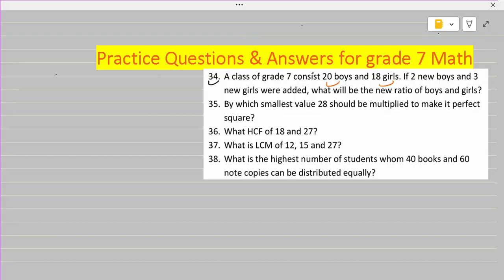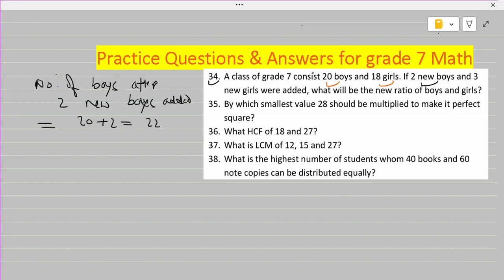And here it says 2 new boys are added. So the number of boys after the change, after 2 new boys are added: how much are we going to get? Originally there were 20 boys, 2 new boys added, so 22 boys. And for girls, 3 new girls were added.